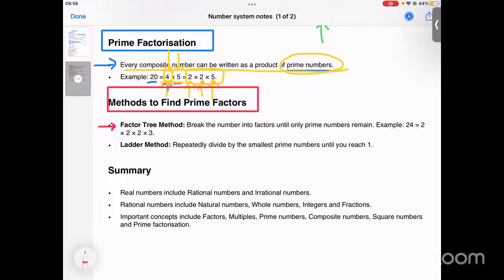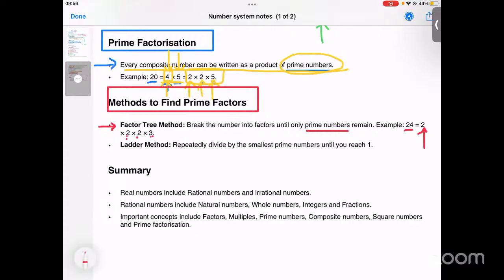Here is an example of 24, whereby 24 is the same as 2 multiplied by 2 times 2 times 3. So can you see these 2, 2, 2, and also 3? These are the prime numbers, because it is only 1 and itself that can go into that number.